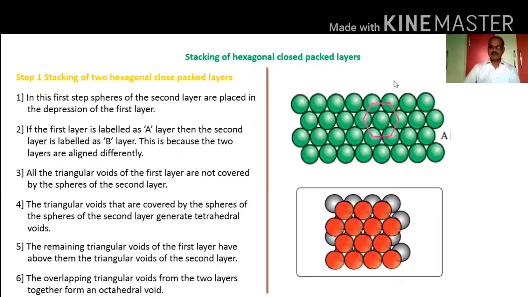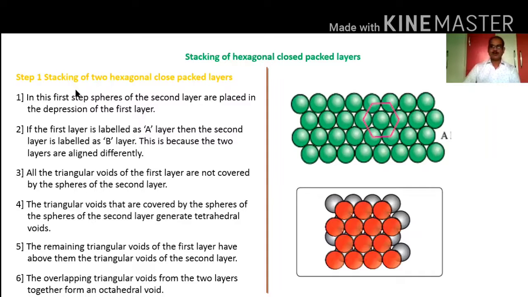So in the first layer, that is the A layer, you have triangular voids. Half of them get converted into tetrahedral voids and the remaining half will get converted into octahedral voids in the three-dimensional arrangement. So this is the first step.